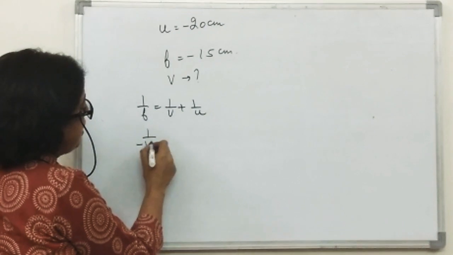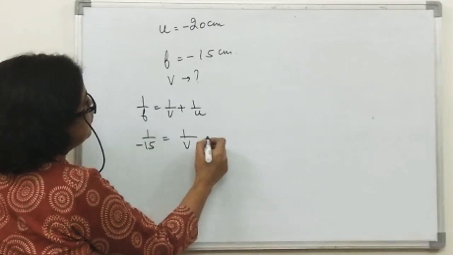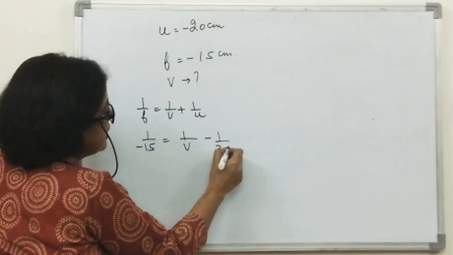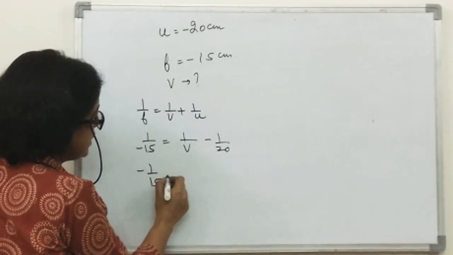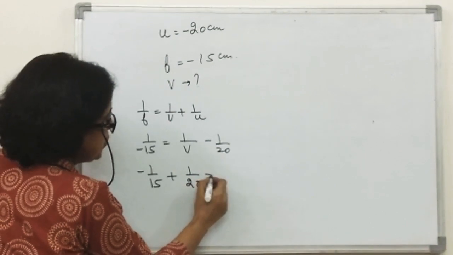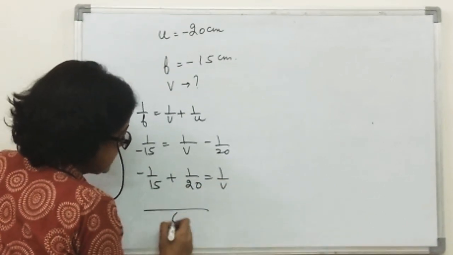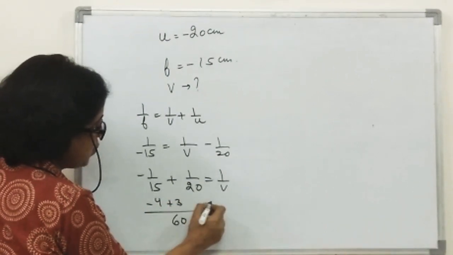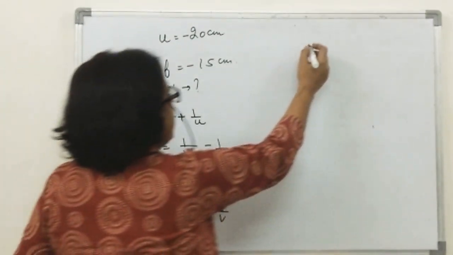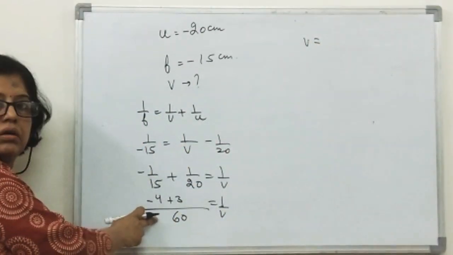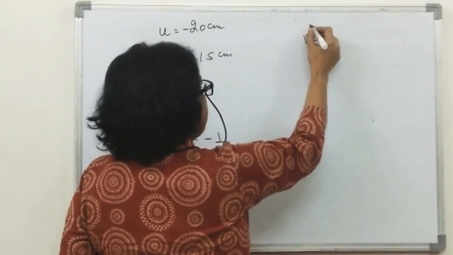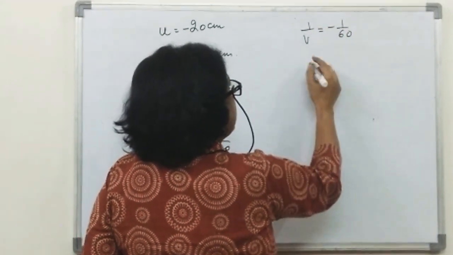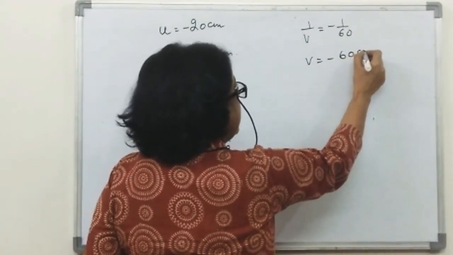This is minus 1 by 15, 1 by v we have to find out, and u is minus 20. So minus 1 by 15, and this comes to this side, plus 1 by 20 is 1 by v. If you take the LCM, let's say this is 60, minus 4 plus 3 is 1 by v. From here we are getting 1 by v is equal to minus 1 by 60. That means v is equal to minus 60 centimeter.